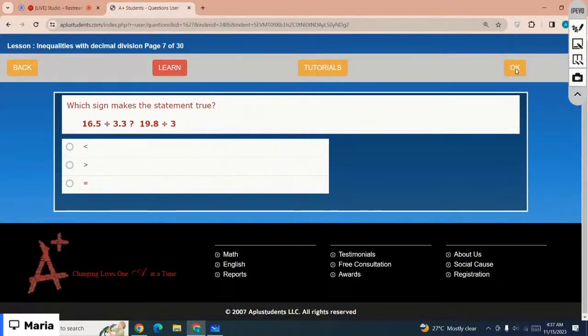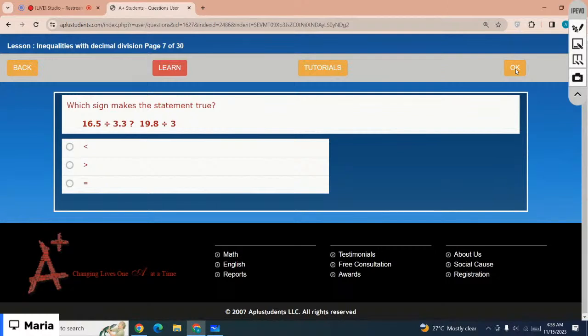So which is the correct option? 16.5 divided by 3.3, that is 5, and 19.8 divided by 3 is 6.6.